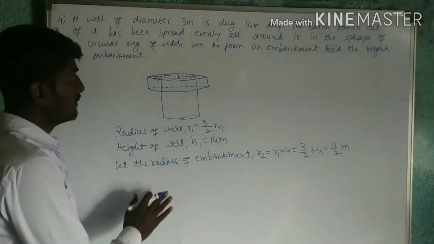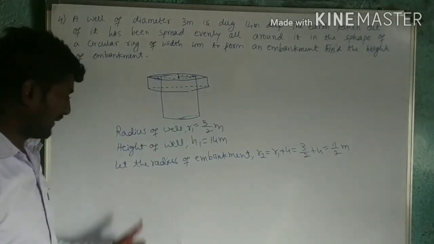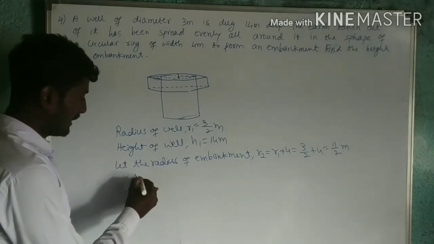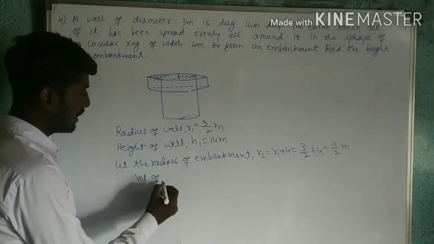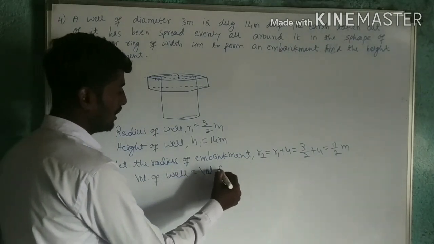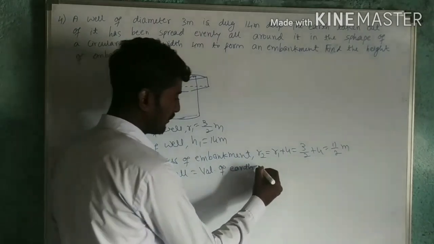Now the height of the embankment we have to find. Radius of the embankment is given. Now we can write the formula: volume of well is equal to volume of earth used for embankment.